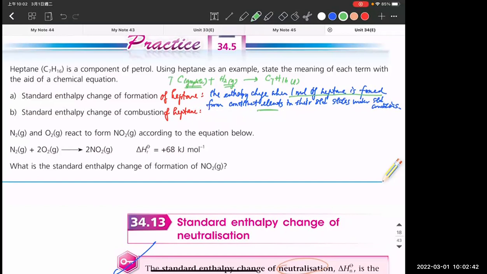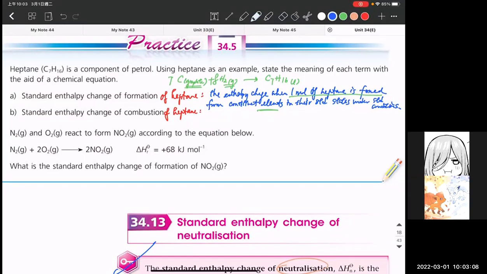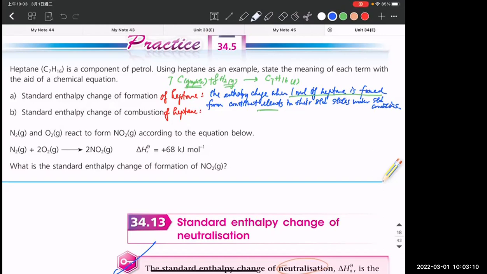So you write down 7 carbon graphite plus 8 hydrogen gas, H2, to form 1 mole of C7H16. By doing so, you show that 1 mole of heptane is formed. So that is the meaning. Any questions so far for that?